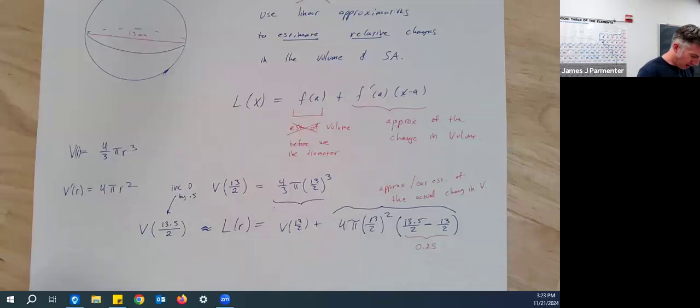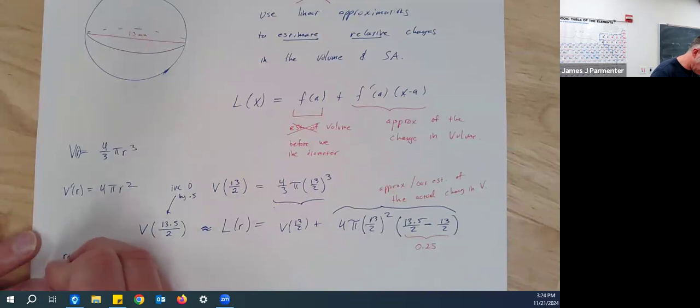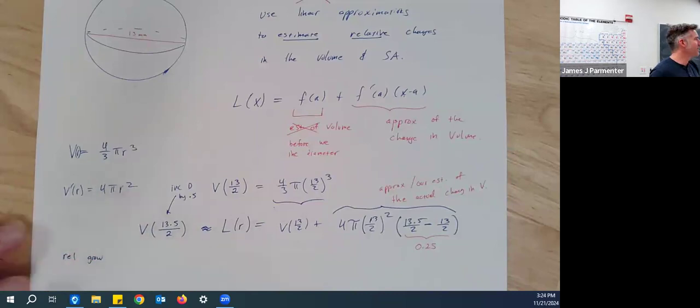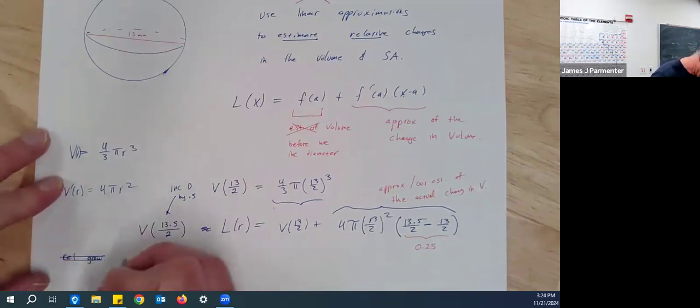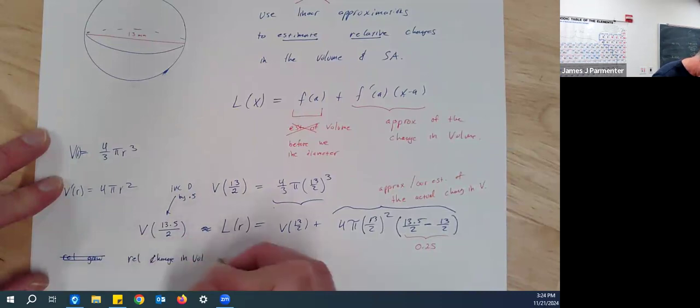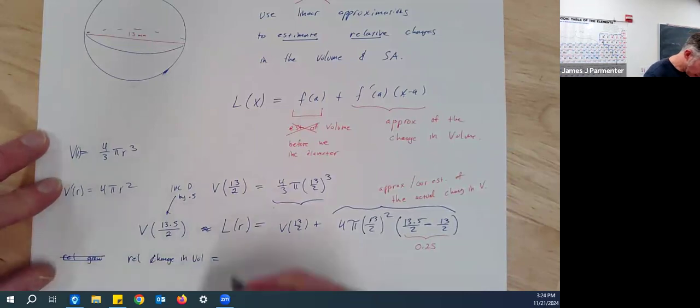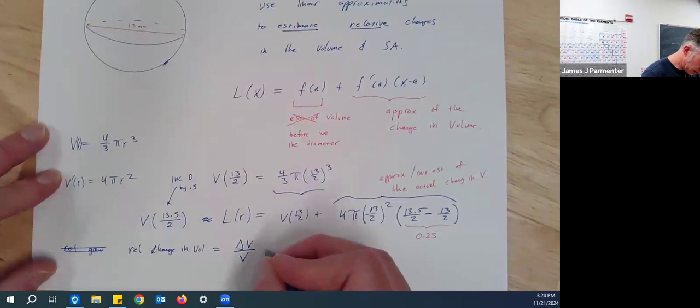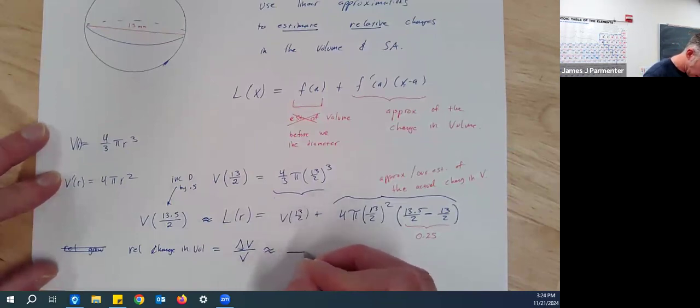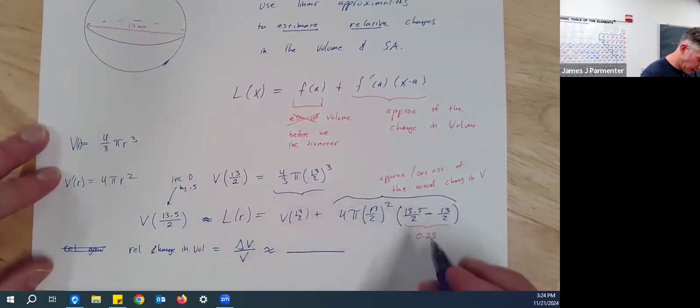So here, our relative change in volume is going to equal the change in volume divided by the actual volume, which is approximately, well, our change in volume is this gross number here.